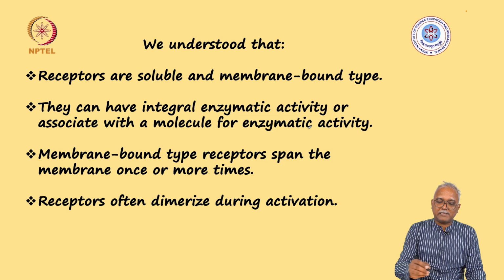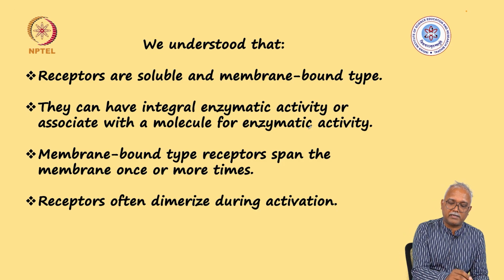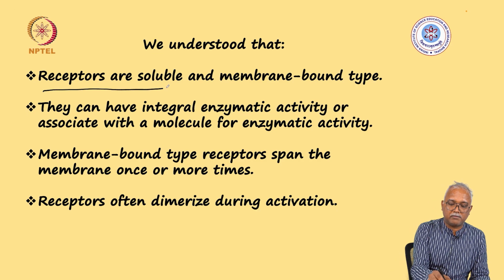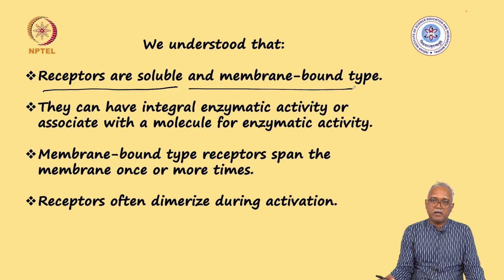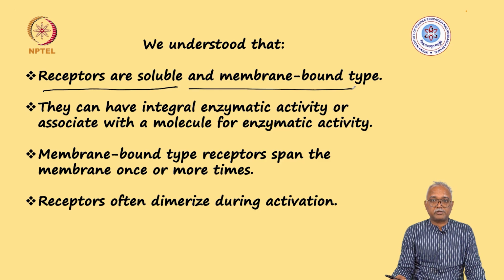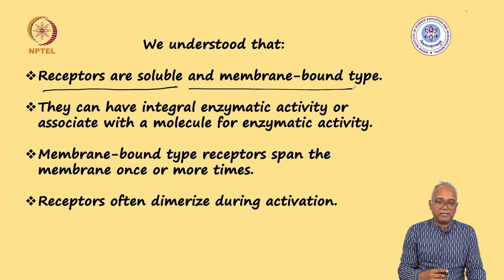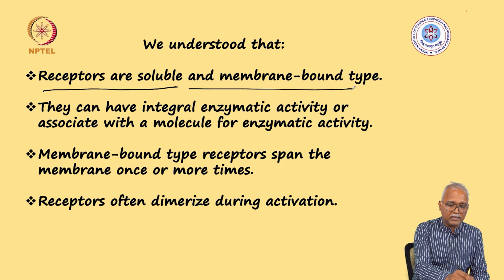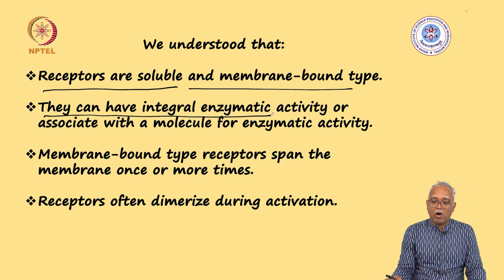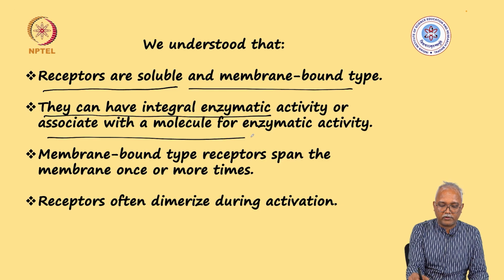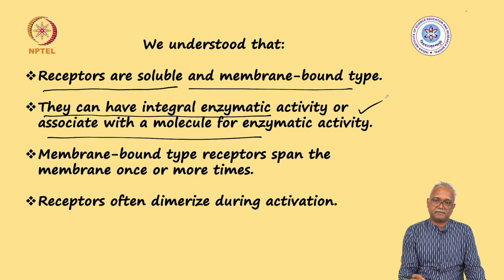So if I summarize today's class, what we have understood is that receptors, similar to the ligands, could be soluble or membrane bound type. Based on that, they will initiate a type of signaling event inside the cell. They can carry the integral enzymatic activity of their own, or they can associate with molecules which have enzymatic activity.